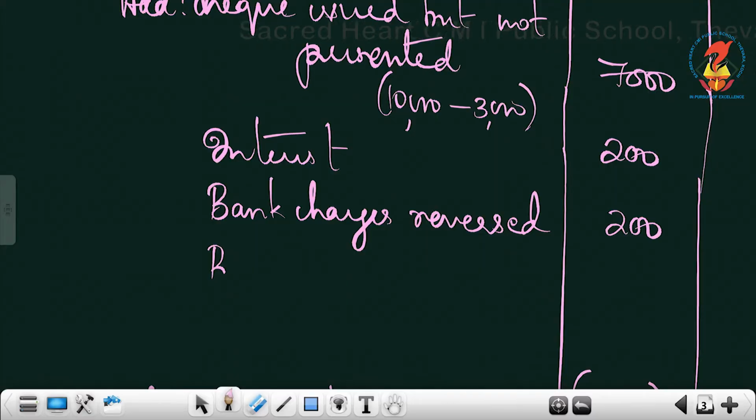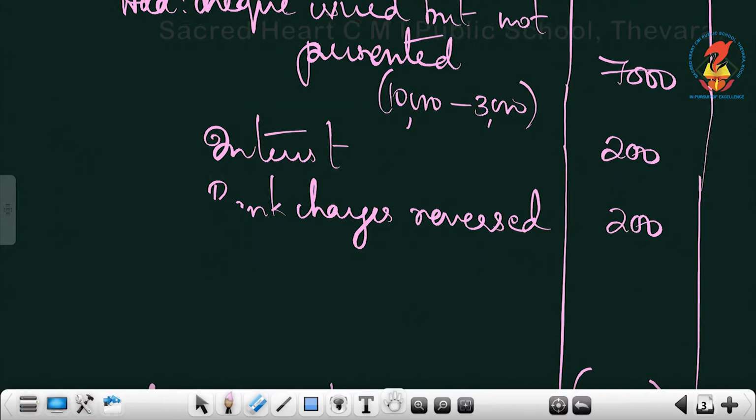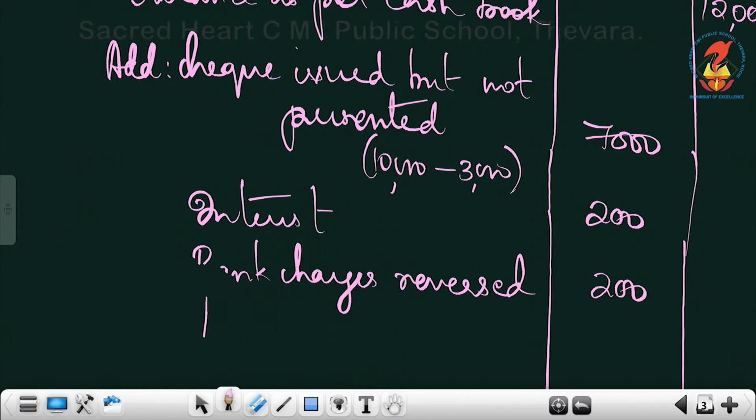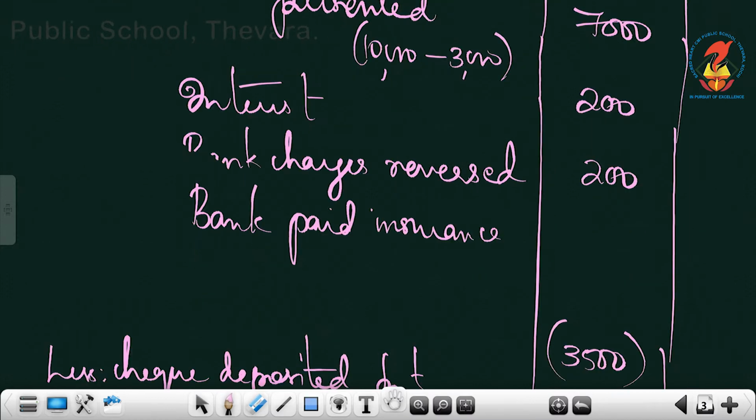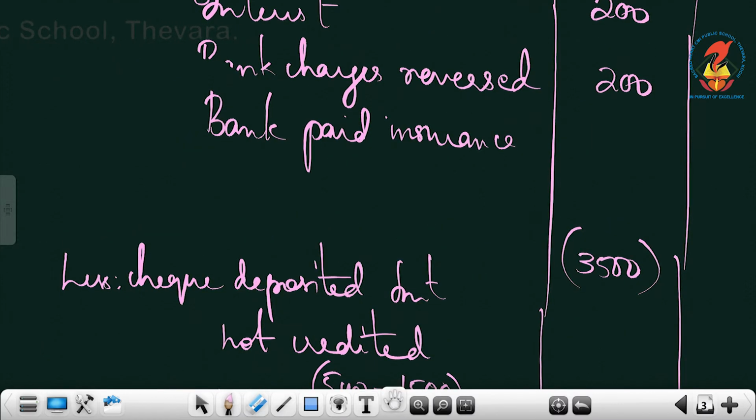Bank paid insurance premium. Sorry, this is items to be added. Bank paid, did I write it on add section?